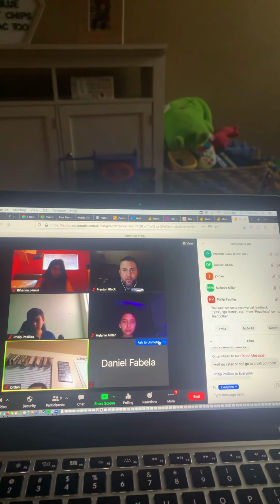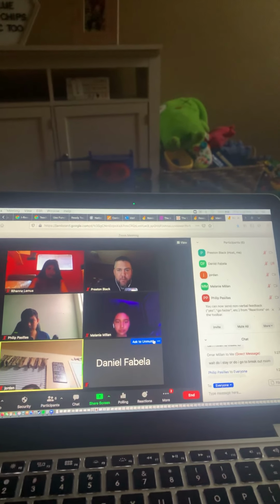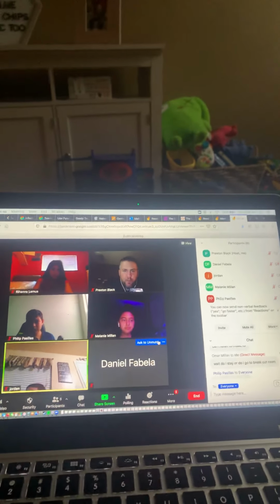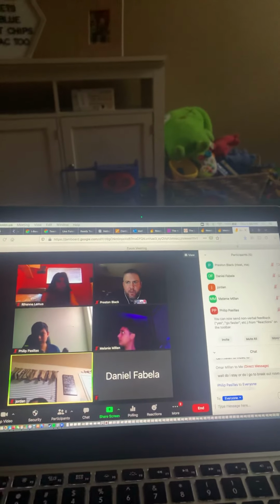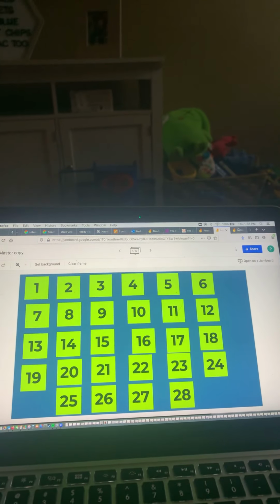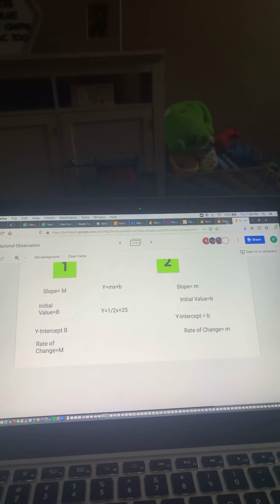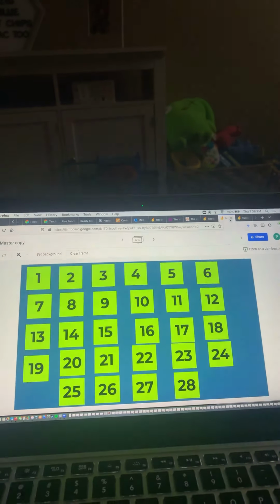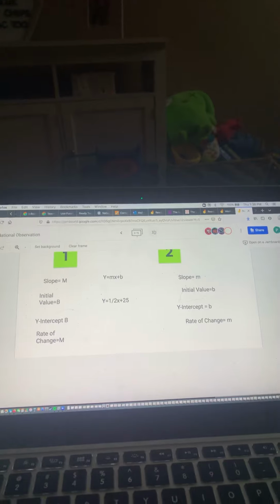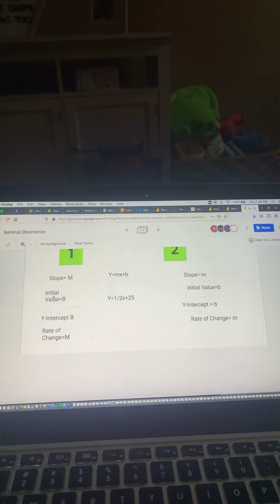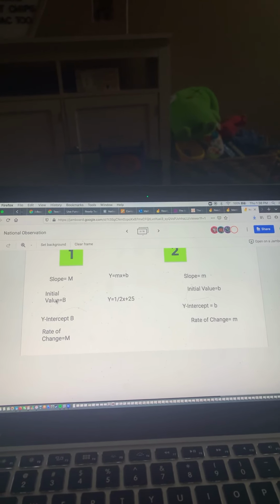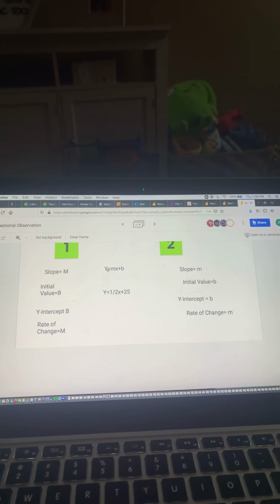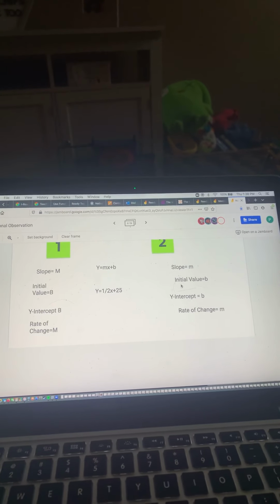Whenever they're speaking, it's very hard to make out what they are saying because of internet issues. So this is a way that I incorporate in my math lessons and in my ELA and history lessons. So as you can see, they've already labeled which vocabulary word goes with y equals mx plus b.